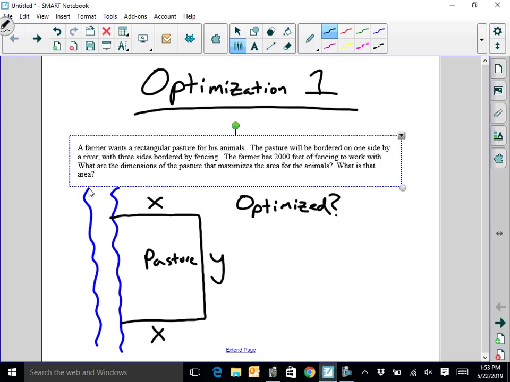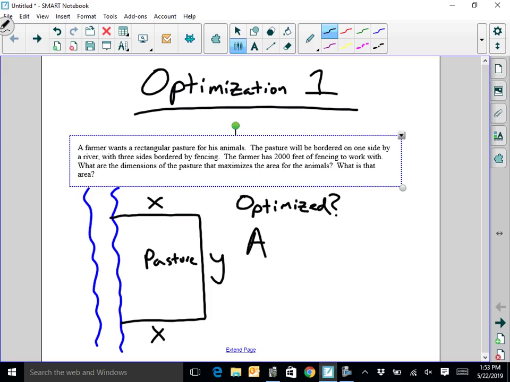So in this case, our optimization is a maximum, and we want to maximize the amount of area for the animals. So we want to maximize the area of that rectangle. So what's being optimized here is the area. My area of this rectangle is what's being optimized.